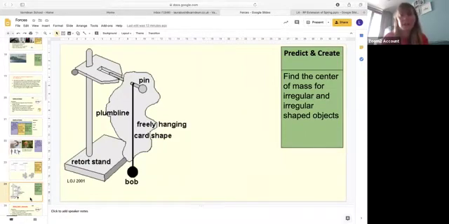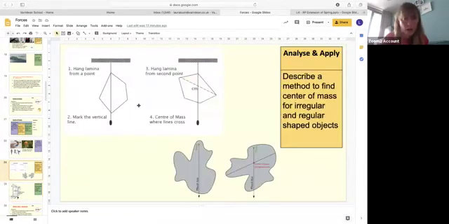We did an experiment that looks a bit like this, where you found the centre of mass of an irregular object, with a retort stand and an irregular shape. If you hang this shape by two separate points, and then rotate it to hang through another, the point where they cross over is the centre of mass of any object.